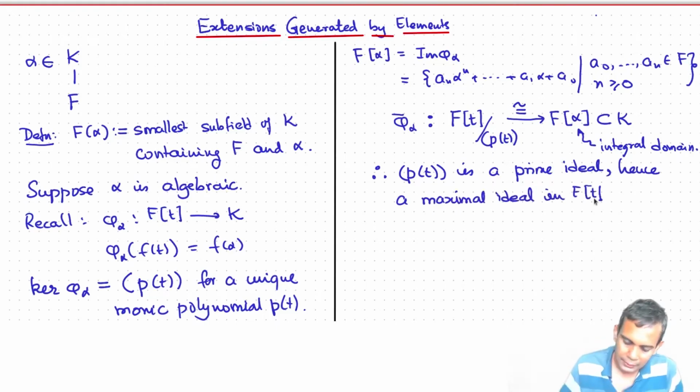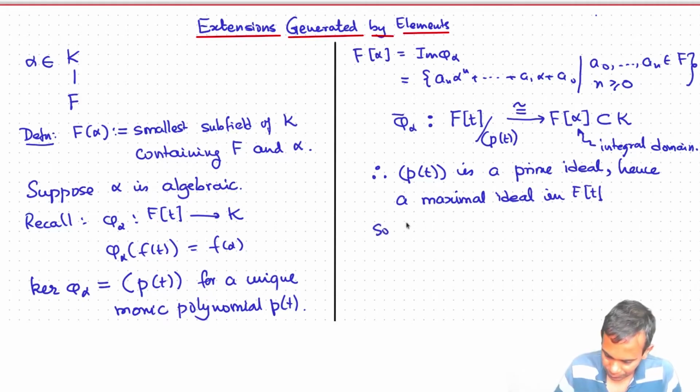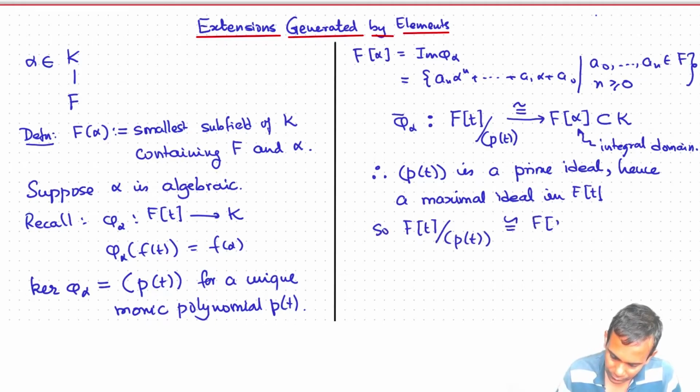The quotient of a ring by a prime ideal is an integral domain, whereas the quotient of a ring by a maximal ideal is a field. So we can conclude that F[t] mod (p(t)), which is isomorphic to F[alpha], is a field.